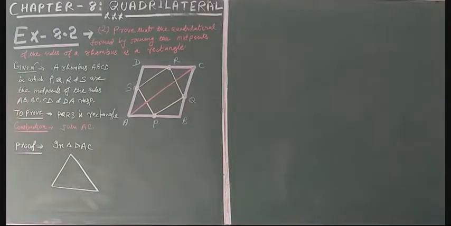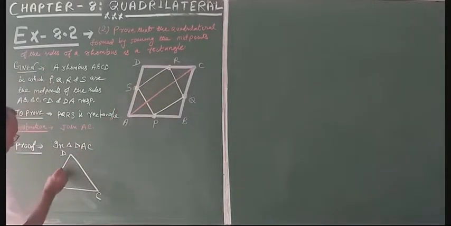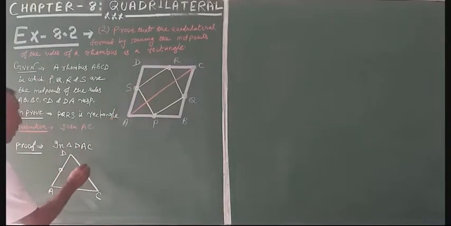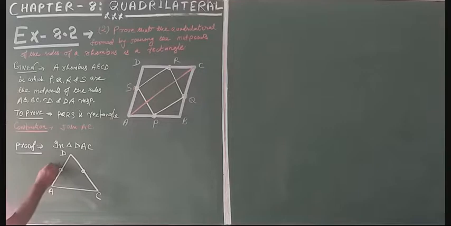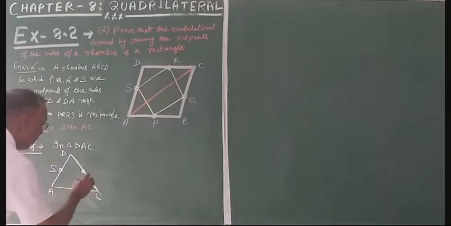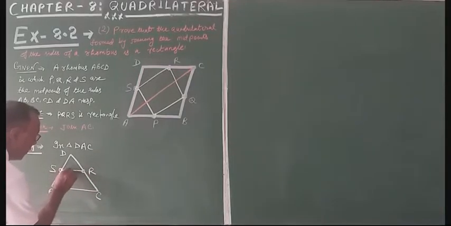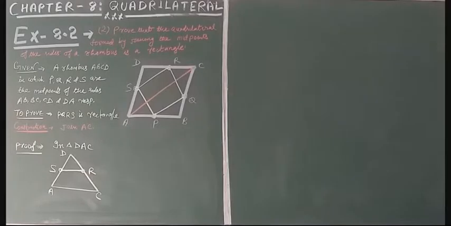Where is D? Here. DAC. This is the point S, this is R. S is the midpoint of AD and R is the midpoint of DC. This is the triangle DAC.